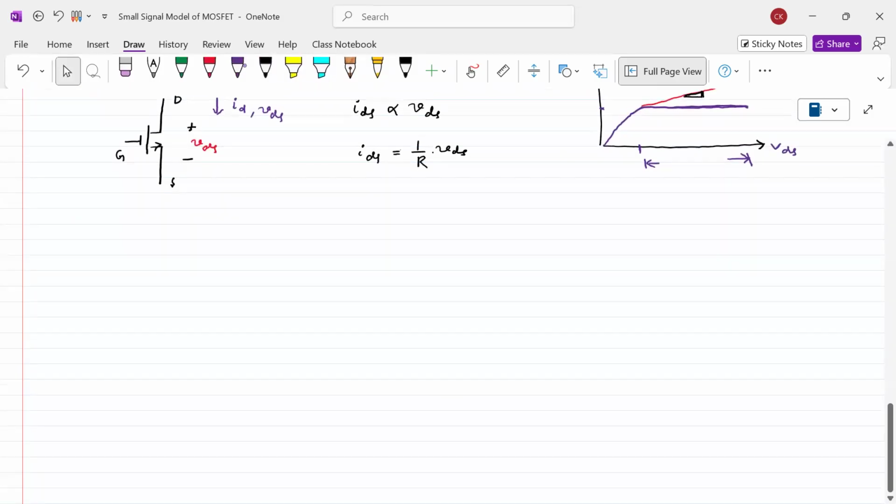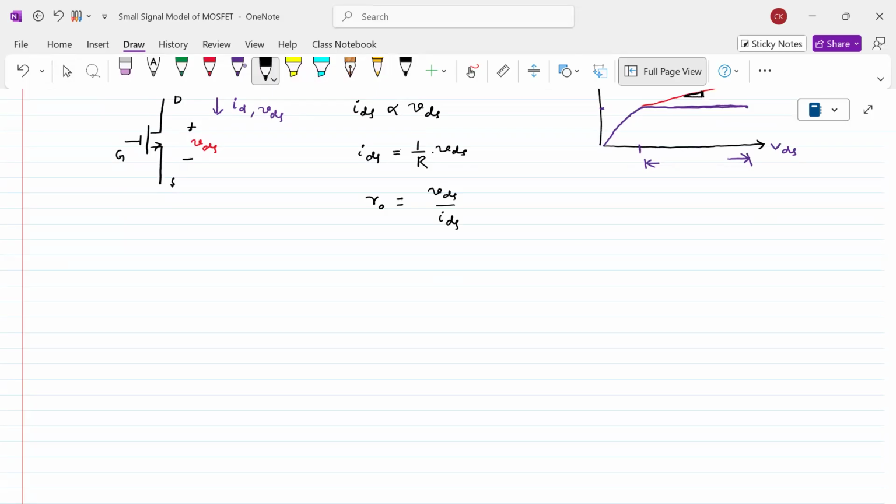Since it is a small signal understanding, let me write R naught. How do we define this? VDS divided by IDS. Am I right?